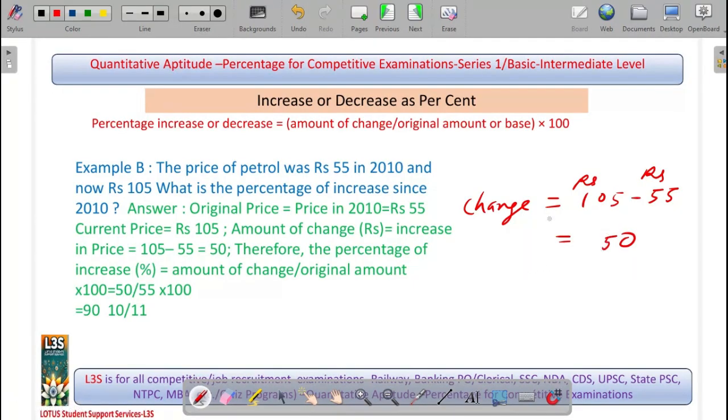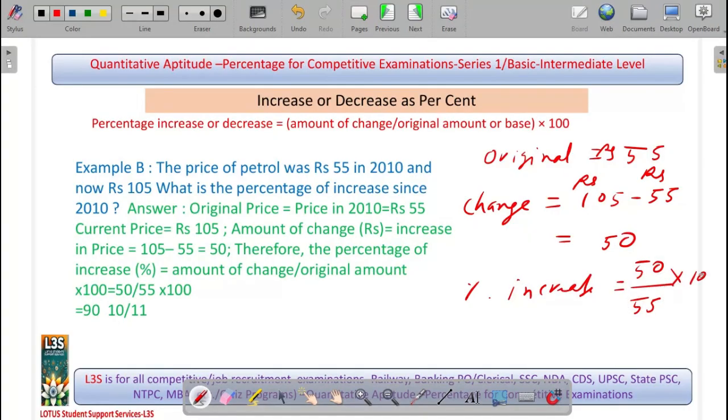Now what is the original price? In 2010, it was 55. So percentage increase is equal to change by original, that is 50 by 55 into 100. Now if we do it, we'll find 90 10 by 11 percentage. Okay.